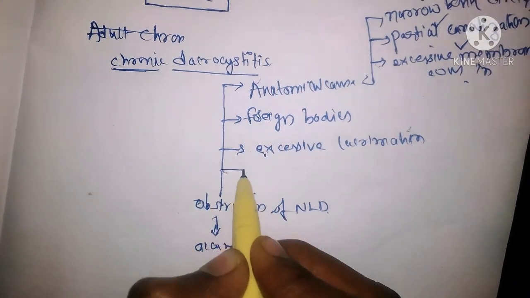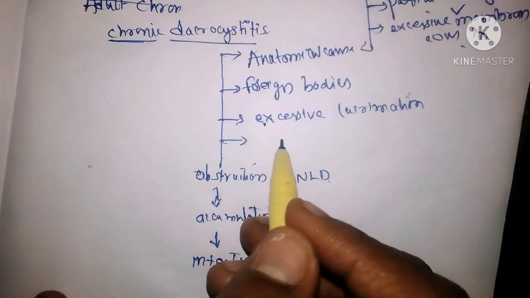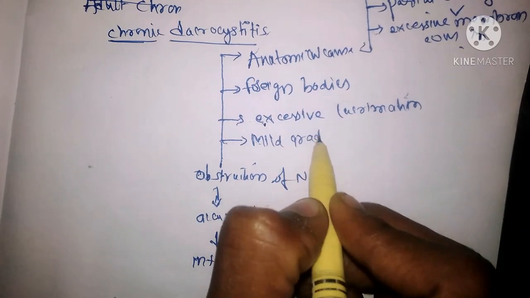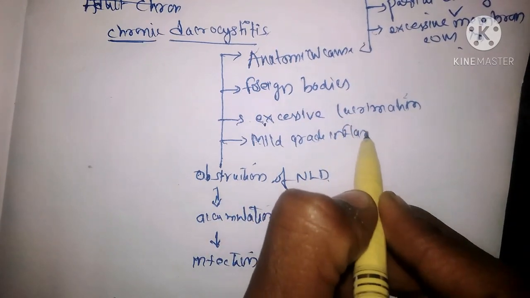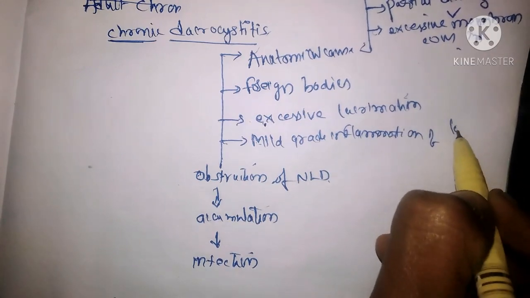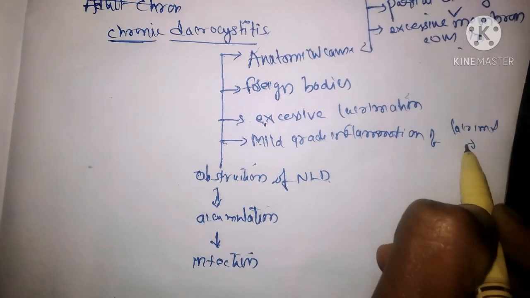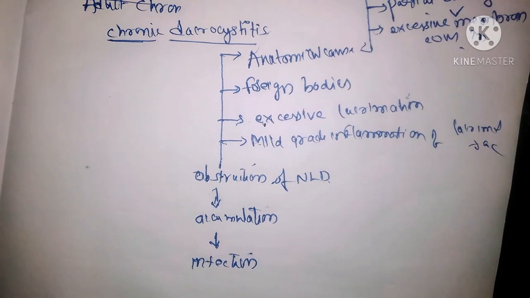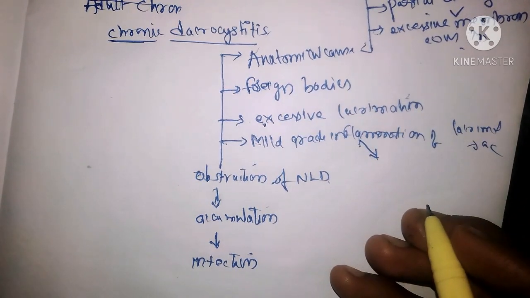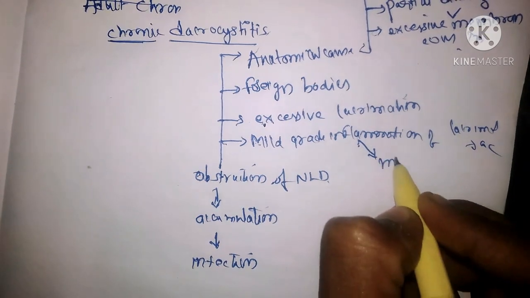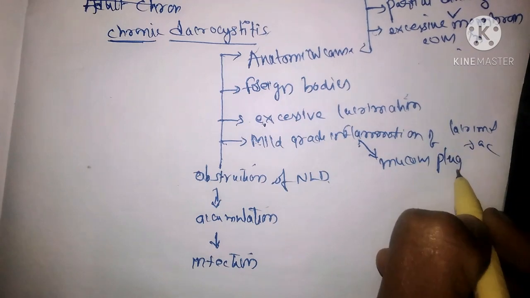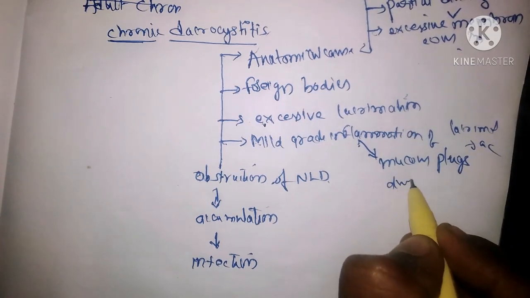Fourth one is when there is mild grade inflammation of the lacrimal sac. Why do we see this mild grade inflammation? This is seen when there are mucus plugs due to conjunctivitis.